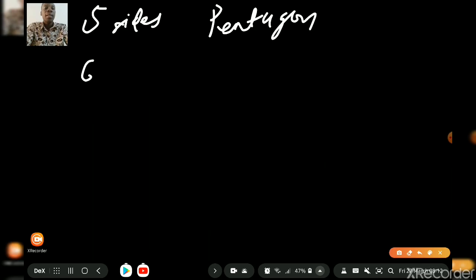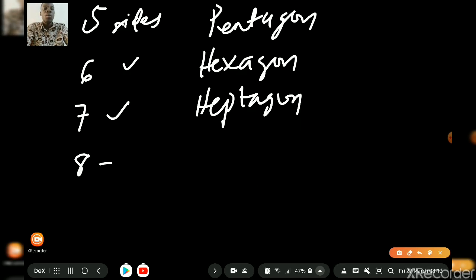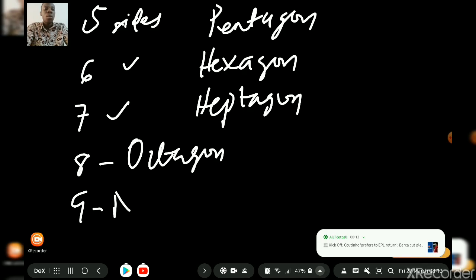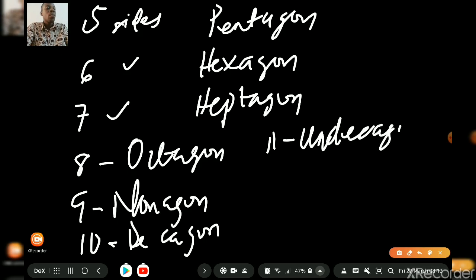If it has 6 sides, it's going to be called a hexagon. 7 sides is going to be called a heptagon. 8 will be an octagon. 9 will be a nonagon. 10 will be a decagon. 11 will be an undecagon. 12, a dodecagon.